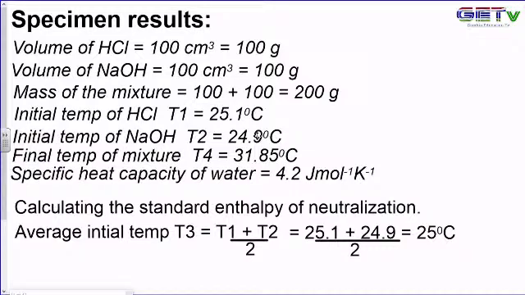The initial temperature of the acid is 25.1 and that of the base is 24.9. Divided by 2, you will have 25 degrees Celsius. And this 25 degrees Celsius will be our T3. And that T3 will be the initial temperature that we will be using in this reaction.